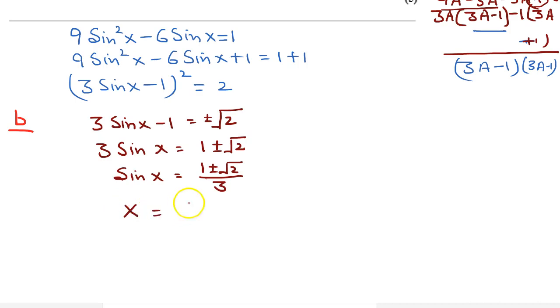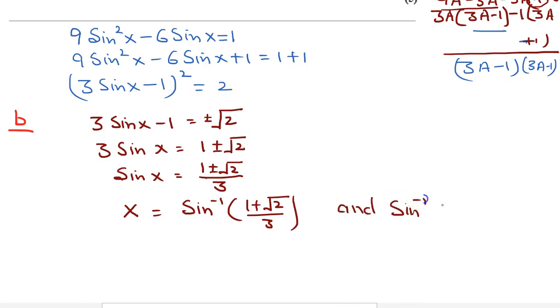So x is equal to sin inverse of 1 plus root 2 over 3 and sin inverse of 1 minus root 2 over 3.